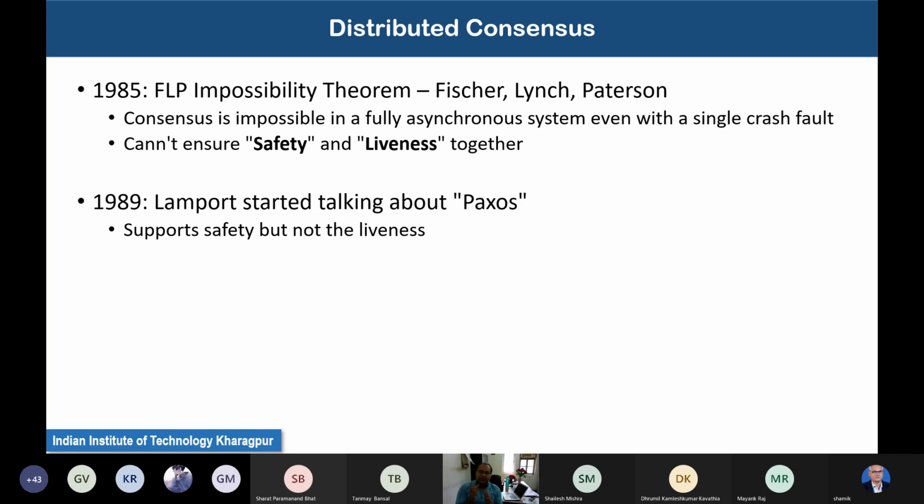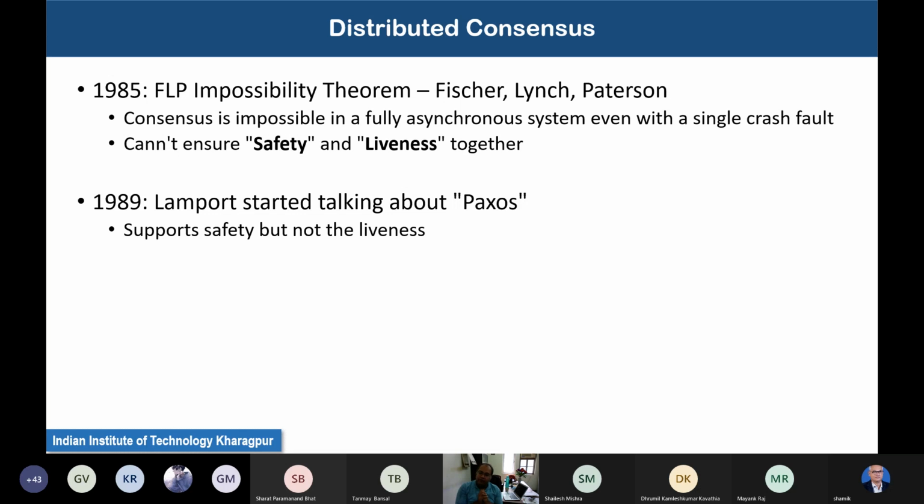So he gave priority to safety over liveness, and tried to design a distributed consensus algorithm which might not terminate, it might have an infinite number of loops, but the outputs it produces, or the intermediate outputs it produces, will be the correct output.